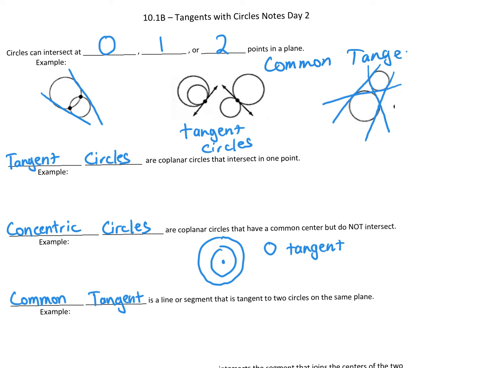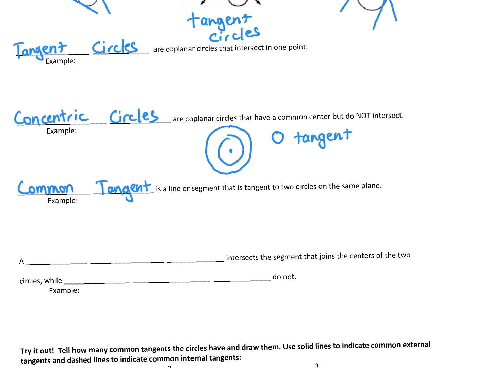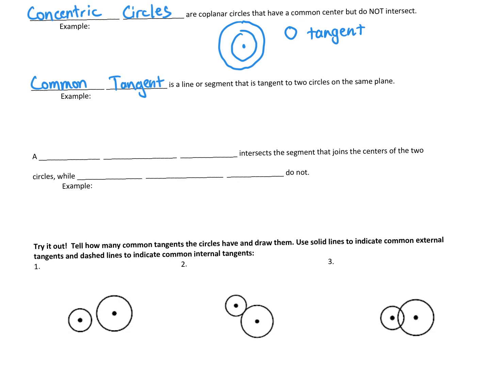All these lines that we drew up here. Or we can say, hey, here's 2 circles. A common tangent. Usually on the outside, we draw solid straight lines, and then the inside we draw dotted lines. So these are dotted, and then these are dotted.